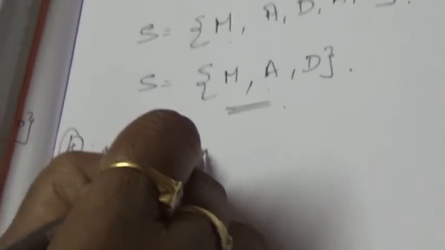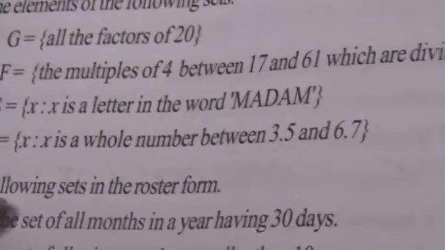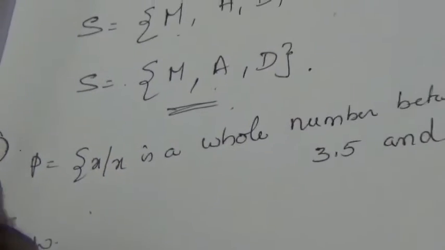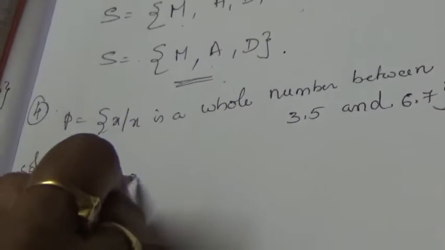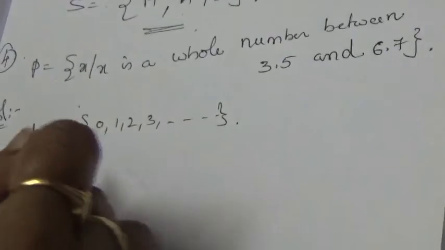Fourth question. P is equal to {x : x is a whole number between 3.5 and 6.7}. What are the whole numbers? Firstly, whole numbers means 0, 1, 2, 3 and so on, right?